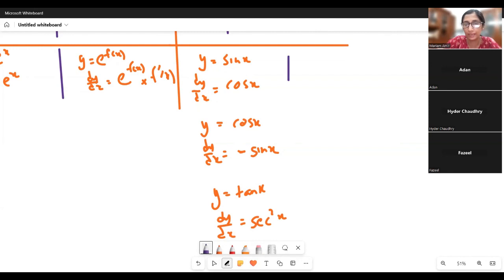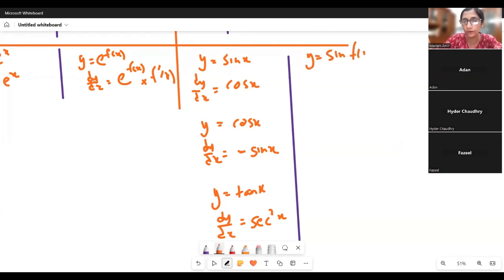Now let's change x into a function of x. So if y equals sine of f(x), then its derivative is going to be cos of f(x) times f prime x, the derivative of f(x).